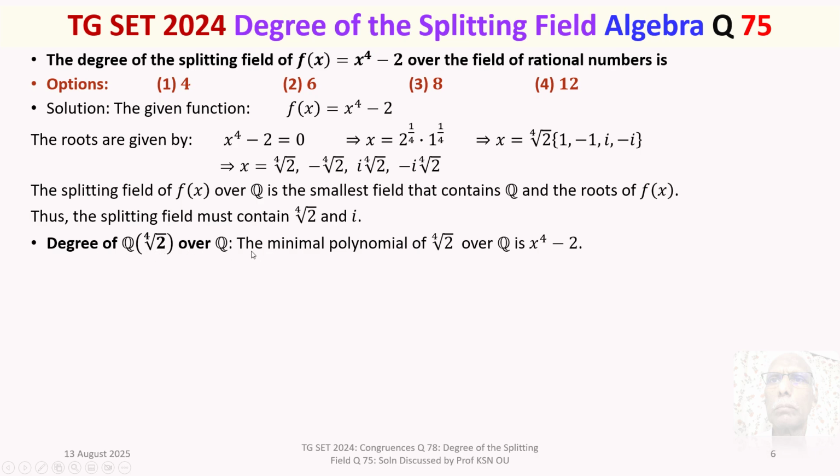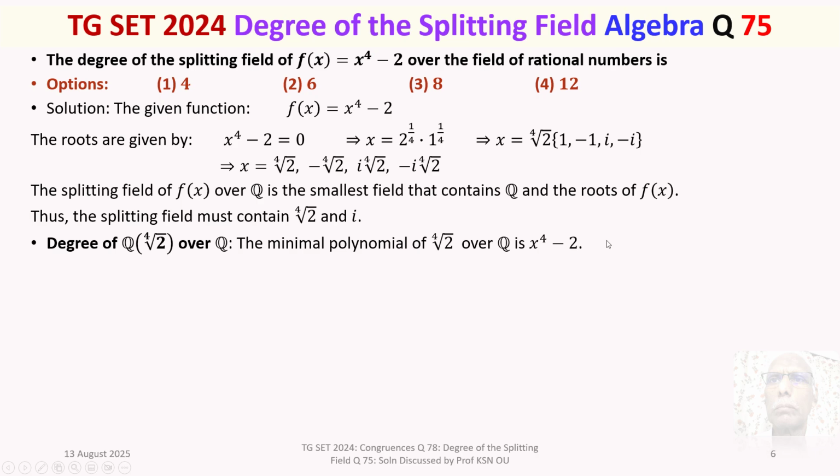For that, you have to look for the minimal polynomial of the fourth root of 2 over Q. The minimal polynomial means a polynomial whose degree is minimal satisfying this, and it is a monic polynomial. That is x to the power of 4 minus 2.